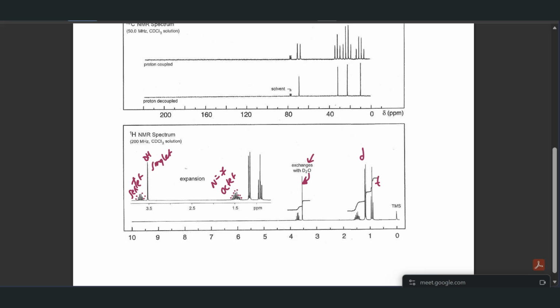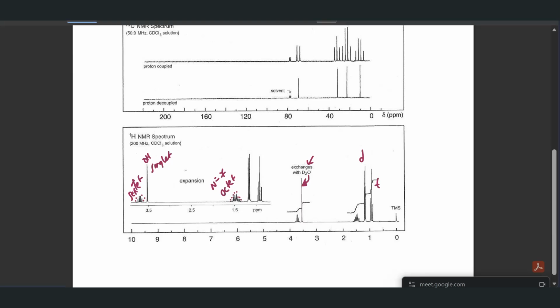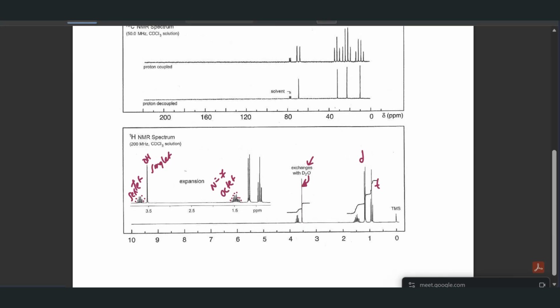Got it. And then I'm going to say that this triplet upfield is our CH3, and the one next to it, the doublet, is CH2. That makes sense. It's the N+1 rule. So what are you saying again? The triplet all the way upfield at 1 is a CH3.